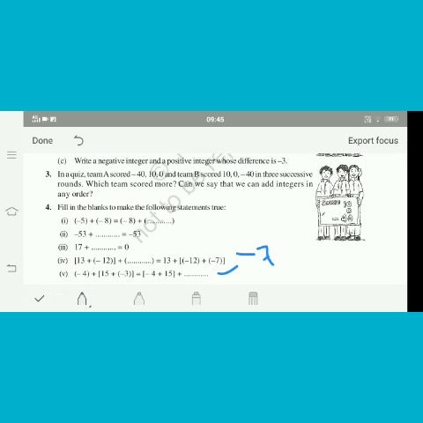The last number is minus 7, so we put minus 7 here also in this part. So the answer is minus 7, and this is the associative property. You can write A P, not Andhra Pradesh, not Arunachal Pradesh, just AP, associative property. You can write the full form, associative property.